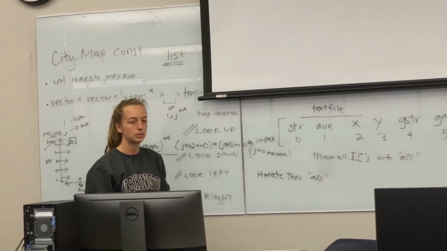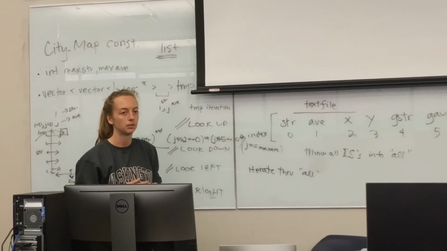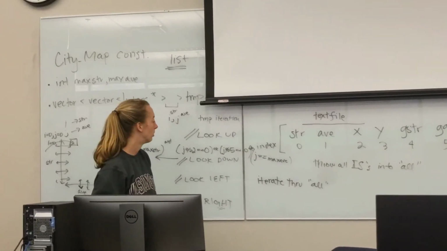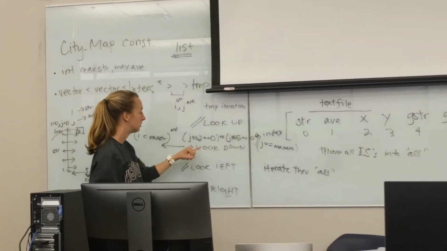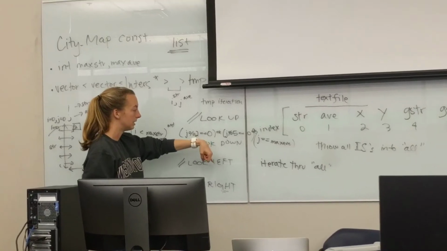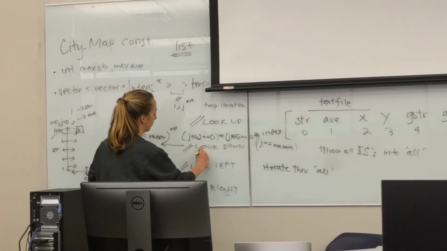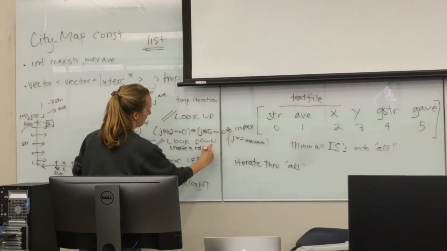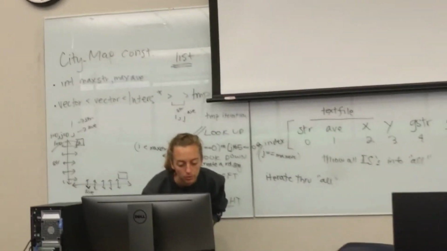Inside those if statements, create your edge. And our edges are called what in this lab? Road. The road segments, yes. So if you can look down and there is indeed an intersection beneath us, then you would create a road segment and fill in all the information, which is quite a bit of information.